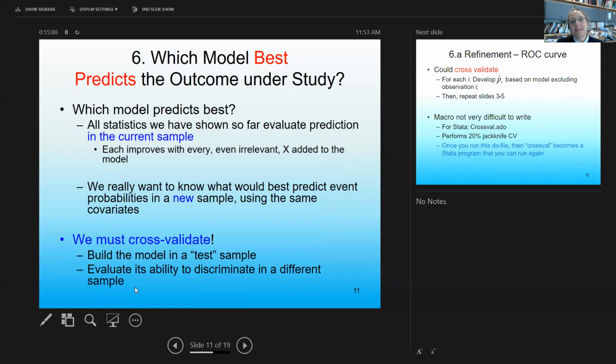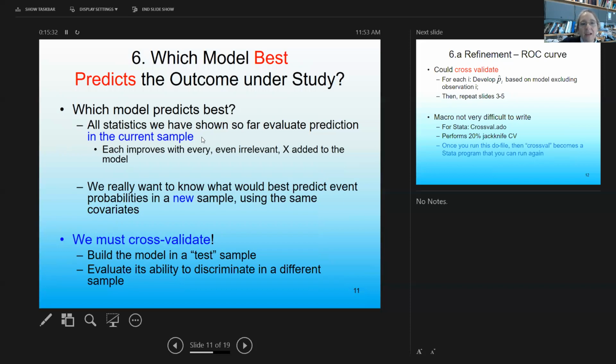So all of that is great, but that brings us to the one other concept I wanted to make sure you were aware of in this presentation. What we've done so far is to consider how well our model predicts in the current sample. But if you think about it, if I build a rule on my sample, it's going to train up and try to do the best it possibly can only on my 32 people.